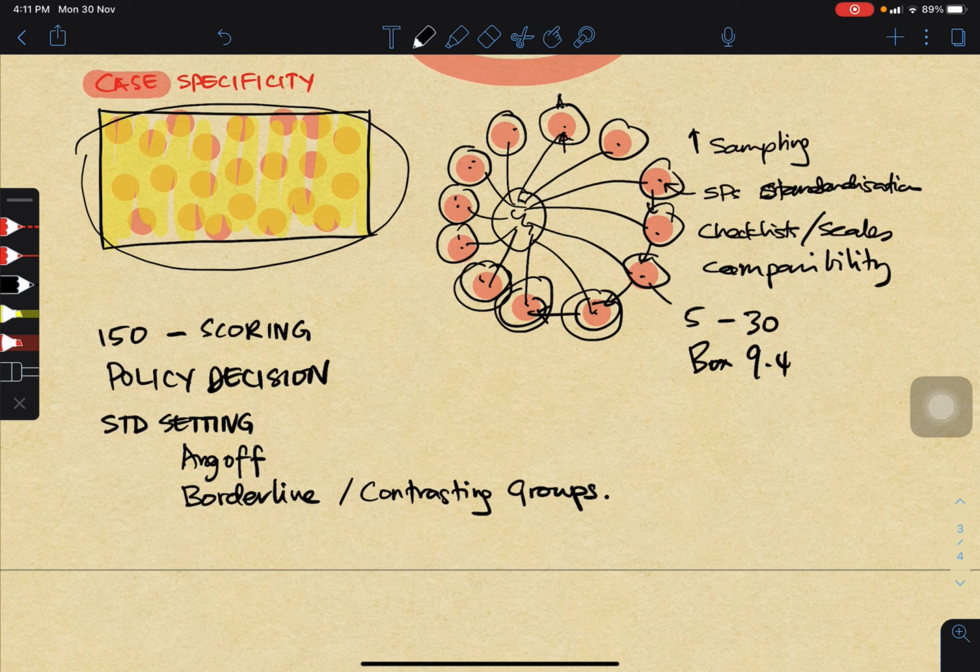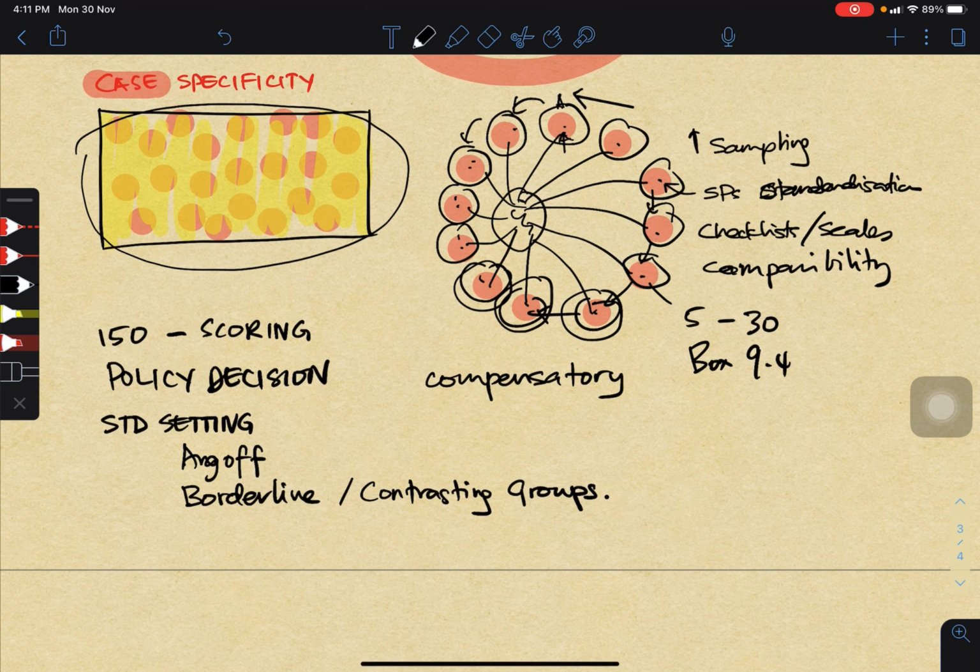All right, so that is a compensatory passing strategy. Compensatory meaning this station can compensate for this station, and so on and so forth.